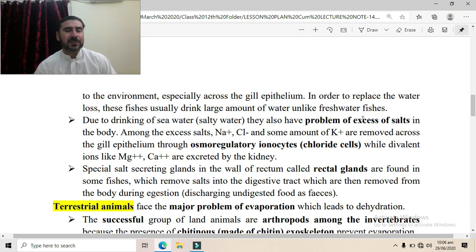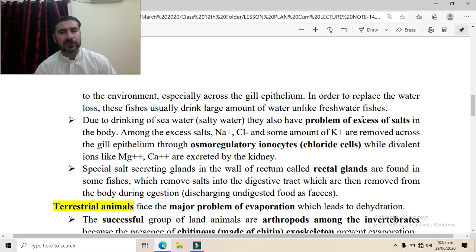So these fishes usually have some adaptations to counter this problem. They have the osmoregulatory ionocytes, also called the chloride cells. These are a special type of cells found in the gills of these fishes, in the gill epithelium. Through these chloride cells, they remove the sodium, chloride and potassium ions.